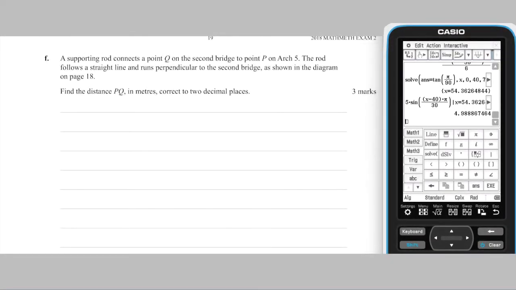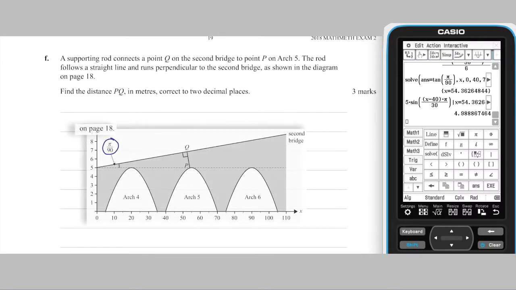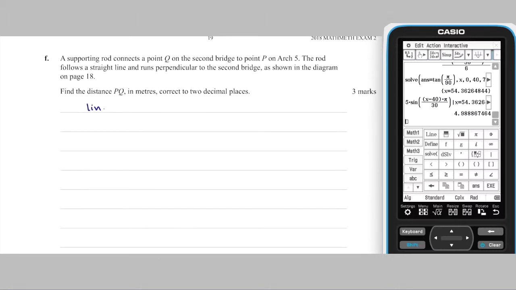Part F. Part F directs us to point Q, which is on the second bridge and on the perpendicular line PQ. Using this information, we can find the equation PQ as it is perpendicular to the bridge, which has a gradient of tan pi on 90. Using this information in our class pad, we can find the equation of the line.